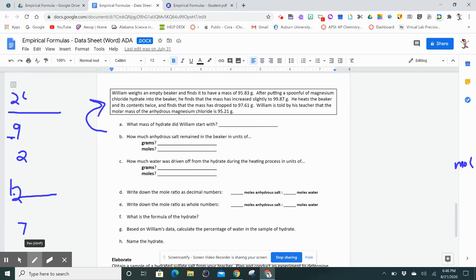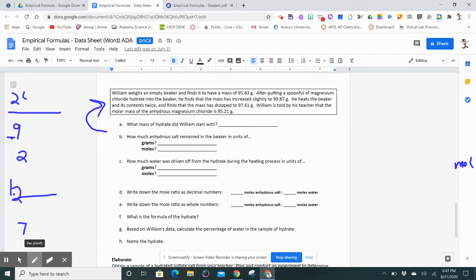Then you are to write down the mole ratio as a decimal number. That's just the raw number for determining the moles of the salt and the moles of the water. And then you make a mole ratio out of those things by rounding them to whole numbers.